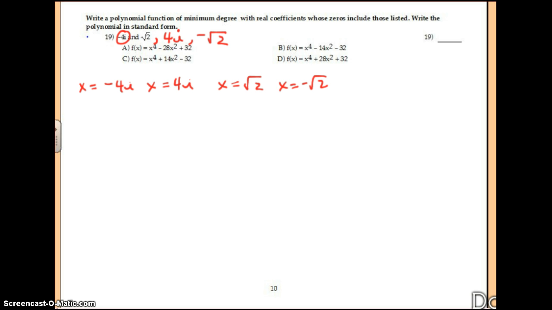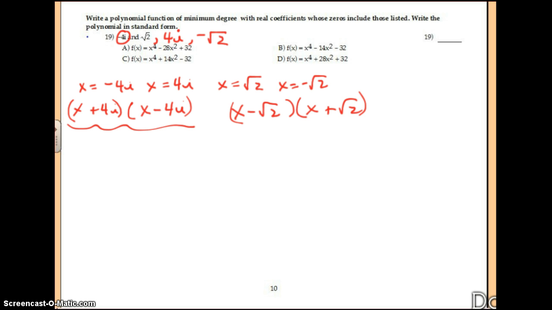So x plus 4i equals 0, or x plus 4i would be a factor. x minus 4i would be a factor. I'm going to group those two together. x minus the square root of 2 would be a factor, and x plus the square root of 2 would be a factor. I'm going to multiply these two binomials together.